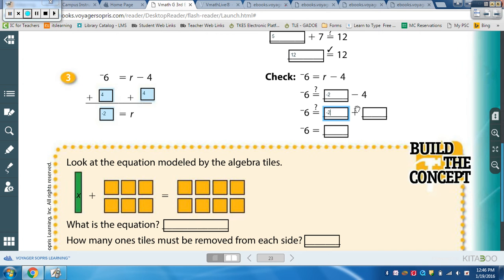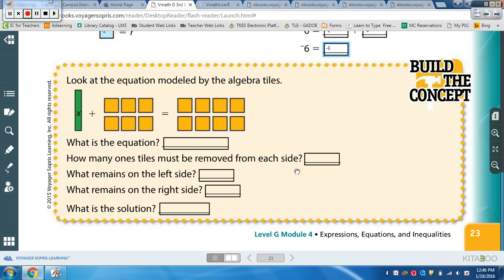We change subtraction to addition. The opposite of positive 4 is negative 4. So therefore, negative 2 plus negative 4. We're adding like signs, so we add them together. 2 plus 4 is 6, and the sign is negative. Therefore, our solution is indeed negative 6. Are we correct? Negative 6 indeed equals negative 6.